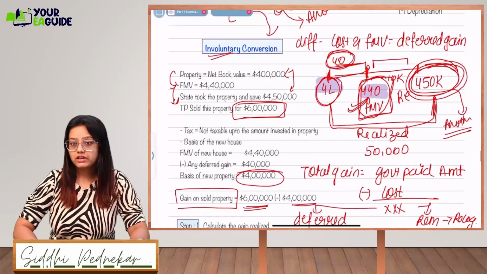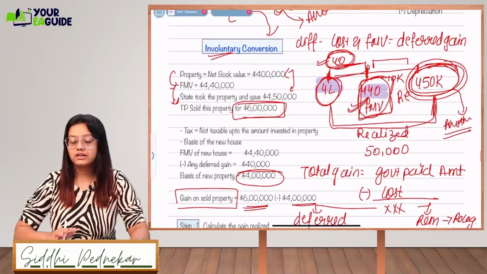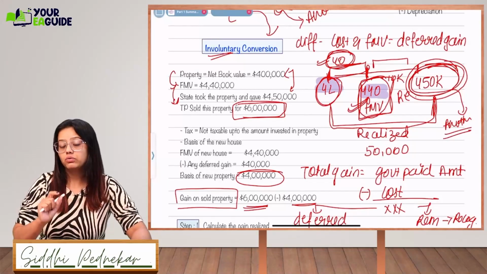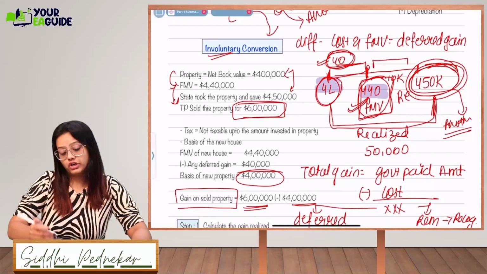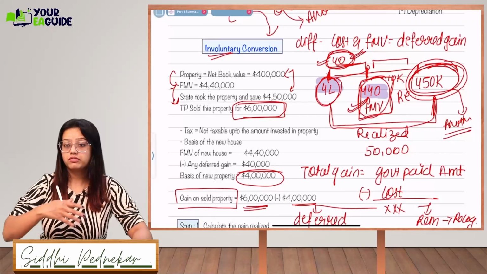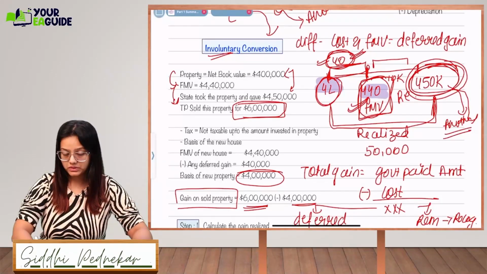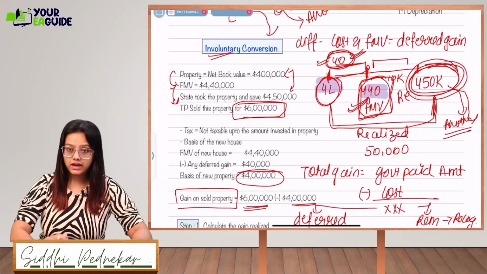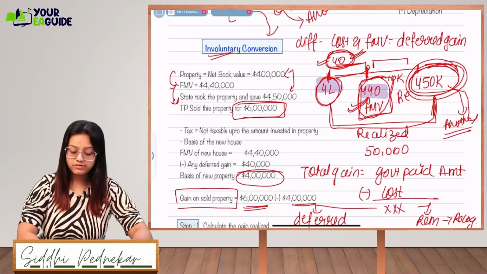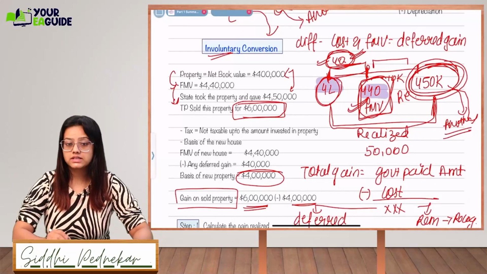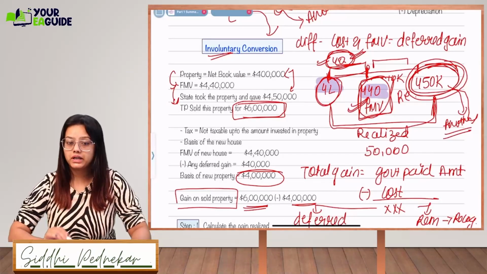It means you are not going to pay tax on the 40,000 as a deferred gain, but you will have the option to reduce this deferred gain from the value of the new house which you are buying. Using this 4,50,000 you are buying a new house, so simply take the FMV and reduce the deferred gain. FMV minus deferred gain is the value of the new property.